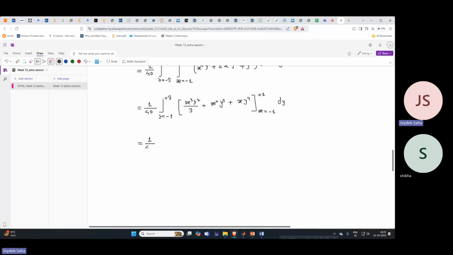This is 1 upon 40, y is equal to minus 3 to plus 3.